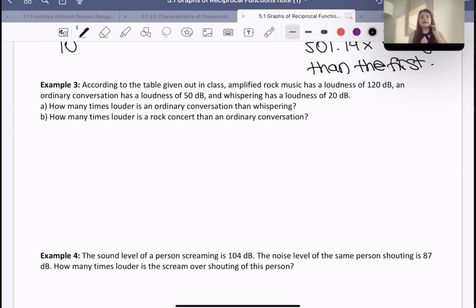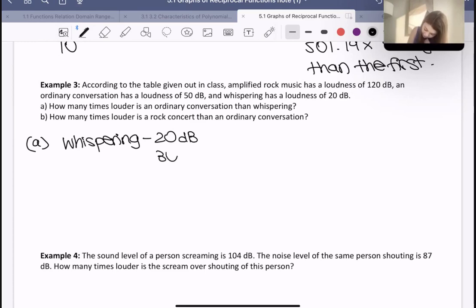Well, when it comes to the loudness scale, going up 10 on the loudness scale is multiplying by 10 in terms of intensity. So if we have a loudness of whispering, which is 20 decibels, then we have 30, 40, and then 50 is the ordinary conversation.